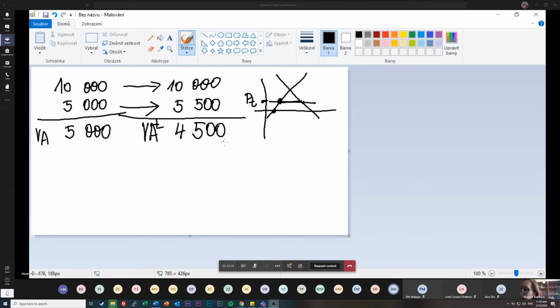So the question is, what's the effective tariff protection rate? According to the formula, it's the value added after the tariff imposition minus value added before, over value added before, times 100, and it should be B, minus 10%.